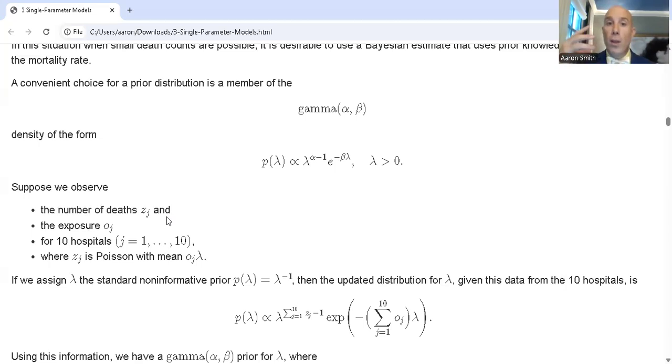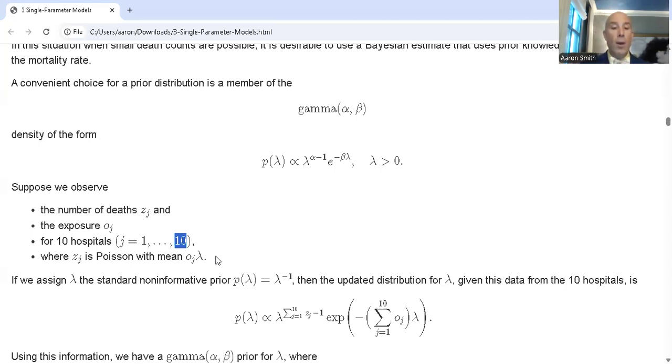Now I'm going to collect data from academic papers, from reports, from news articles, from experts. I'm going to get the number of deaths at each hospital and the exposure, the number of surgeries at each hospital, and we're going to have 10 hospitals. Then I'm going to estimate an overall death rate across the country and an overall death rate at each individual hospital.